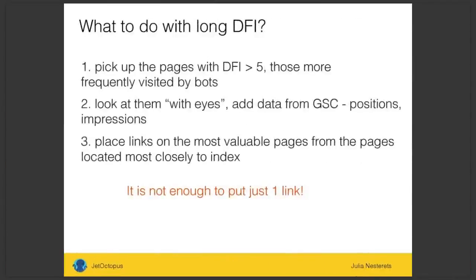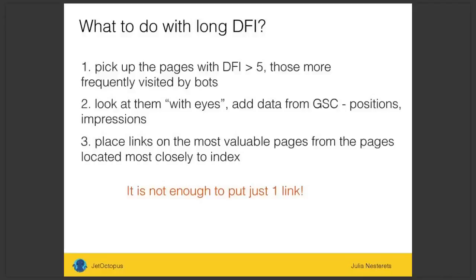And what to do? If you have this situation, first of all, you pick up the pages with DPI more than 5. And I would recommend starting with those which are more frequently visited by bots, so bots perceive them as important pages. Then you look at them with your eyes, and you can overlap data from Google Search Console, like positions and impressions, and it will give you a prior list of optimizations.